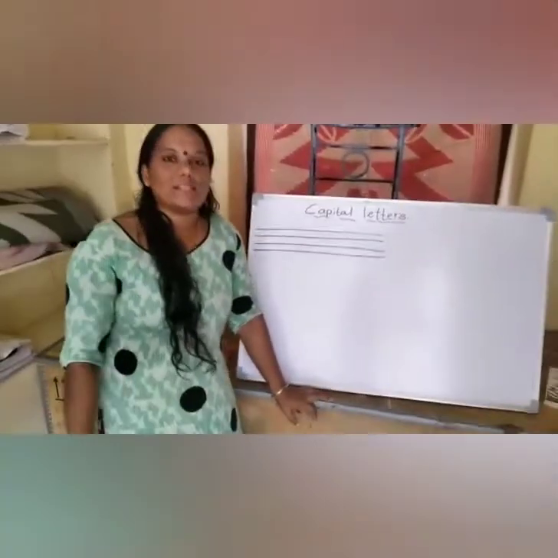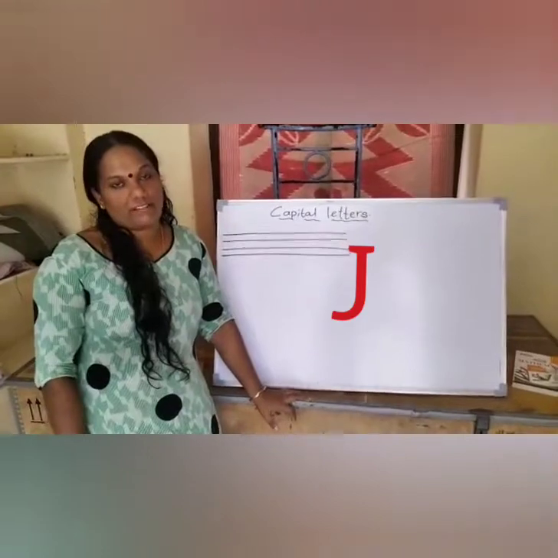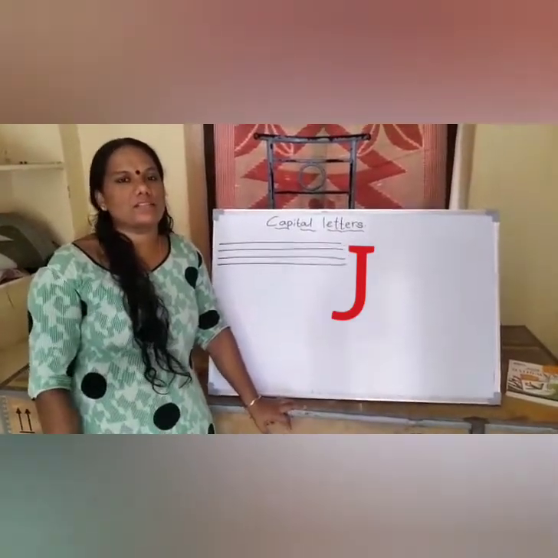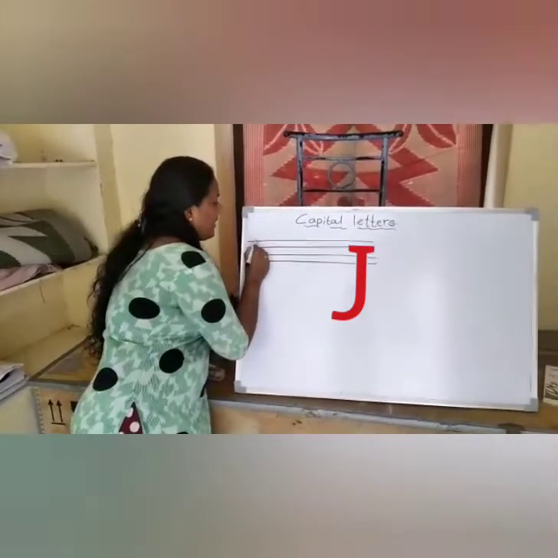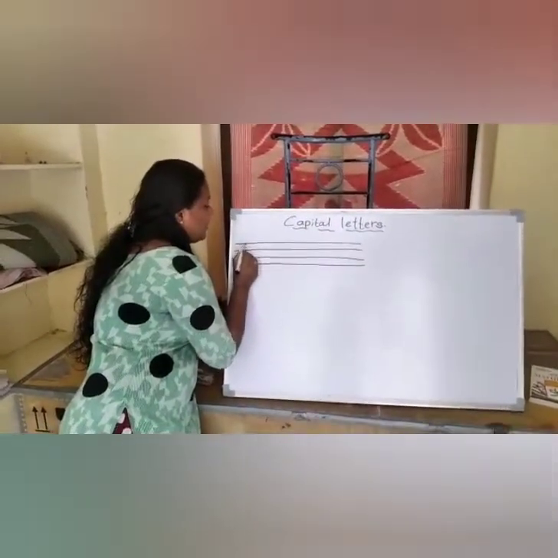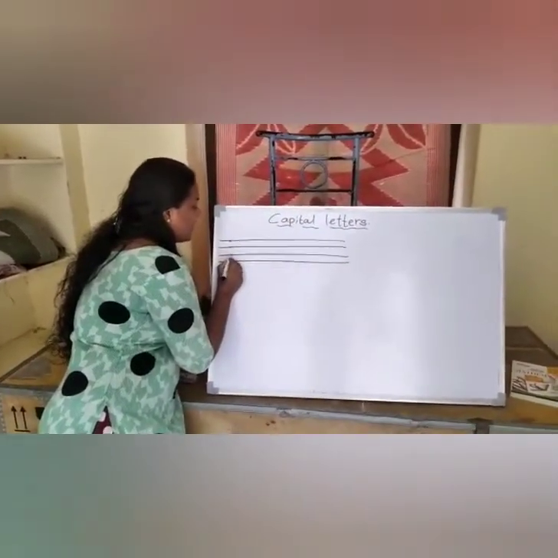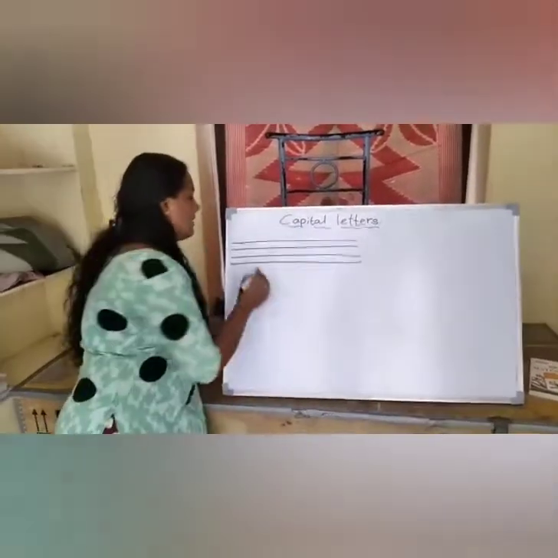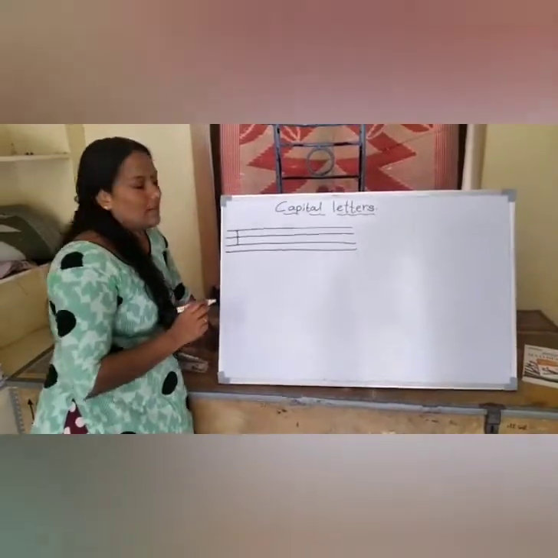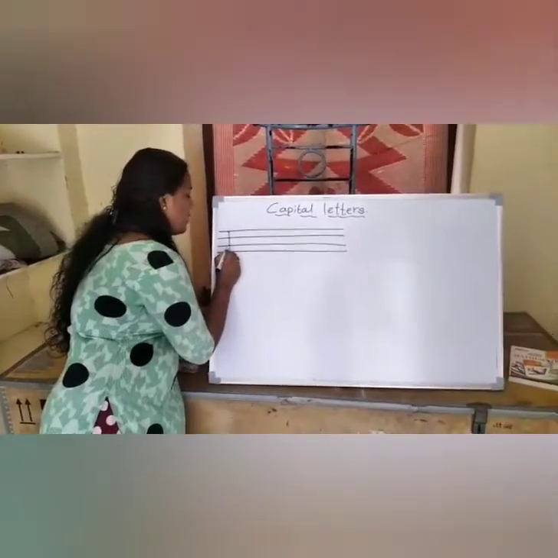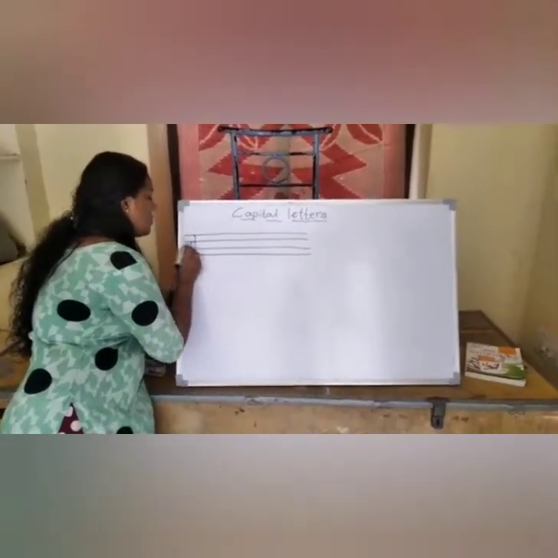Then today's last letter is what? J. How to write J? Up 1 dot, 2 dots, 3 dots are there. Okay. Then up to down one line like this. Then after that, from down to up, one small curve.